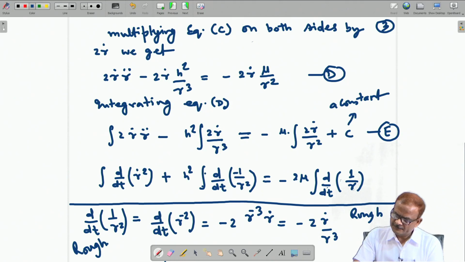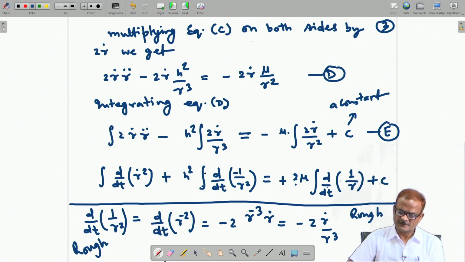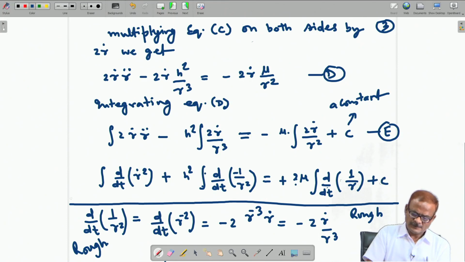So, from here if we differentiate, this is minus 1 by r square r dot, okay. 2 is already there, mu is already there. So, this minus sign should get to plus, and here we have c. Now, we can integrate this expression.